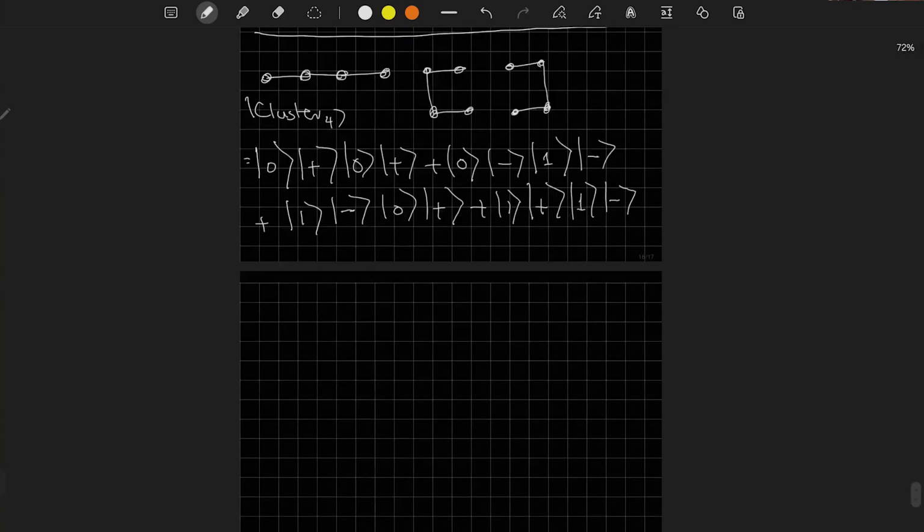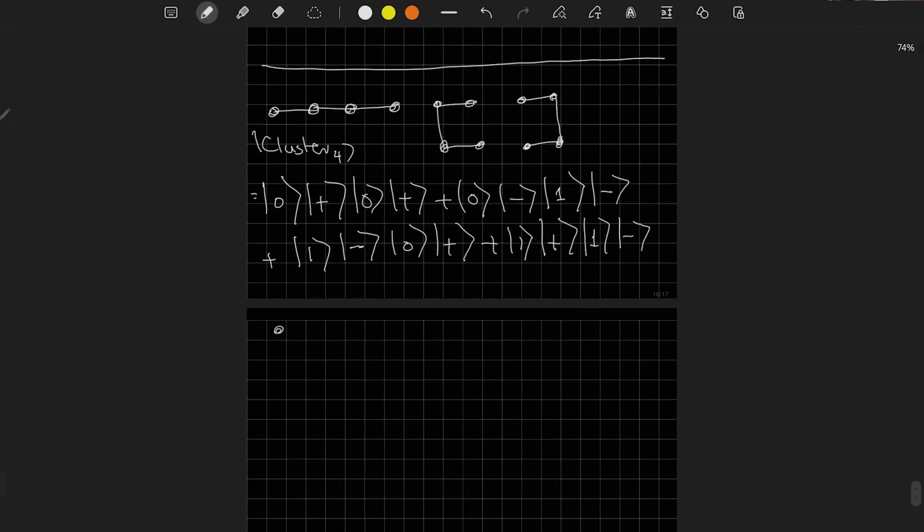And the box, 1, 2, 3, 4. The box cluster state.